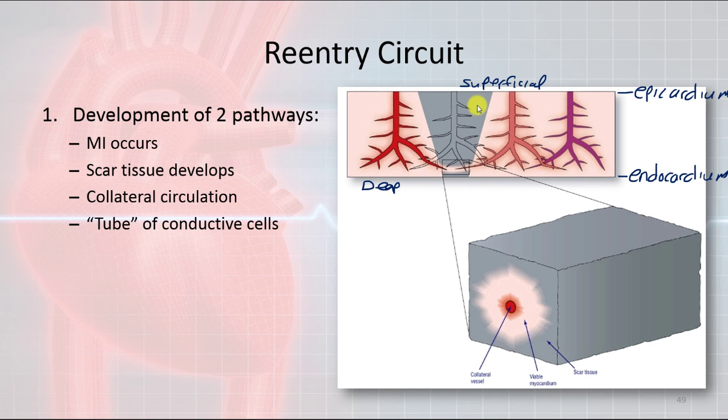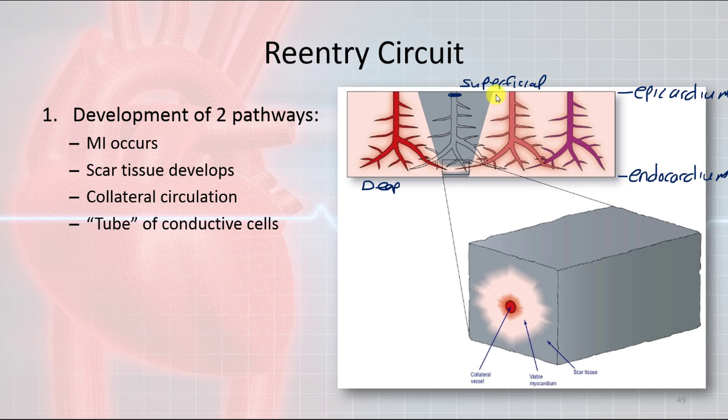As the blood vessels get deeper into the tissue closer to the endocardium, more collateral circulation occurs the deeper that you go into the myocardial muscle. If it was this artery that was blocked right here, the deeper you go, the more collateral circulation you get from adjoining arteries, from arteries that were just on either side of the artery that was blocked.